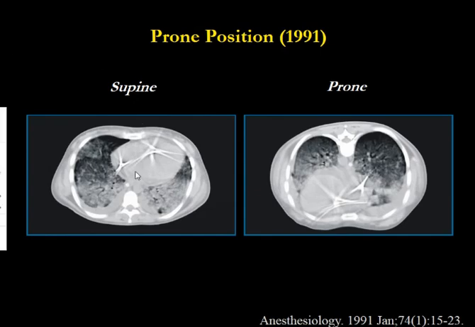Now, having the baby lung here, what we were doing was taking the patient in intensive care and putting them in prone position, because we expected the baby lung to be better perfused in prone position. And then another thing happened.